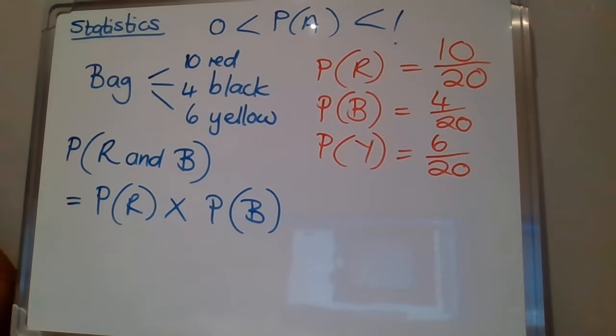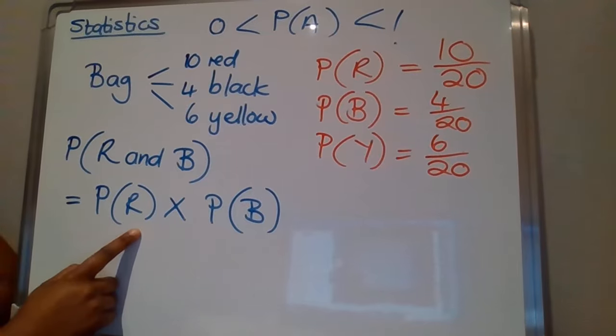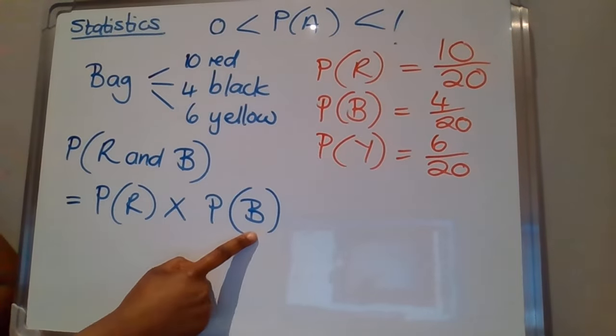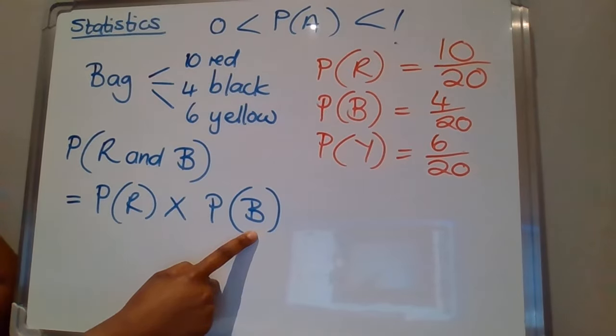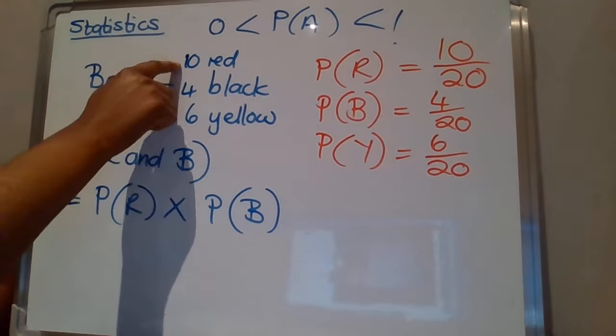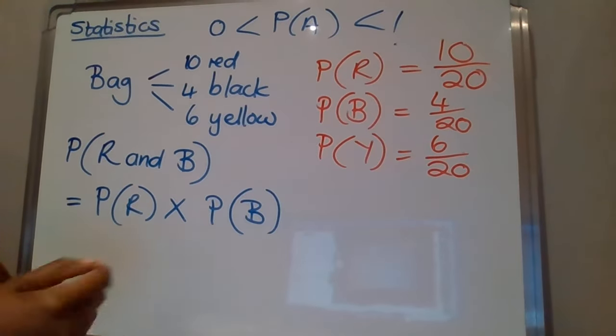events. Why? Because the chances of me getting a red ball is the same as the chances of me getting a black ball, in the sense that my outcomes remain the same because I have still got 20 balls.